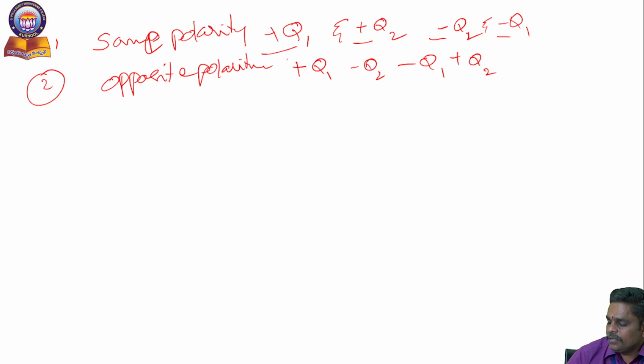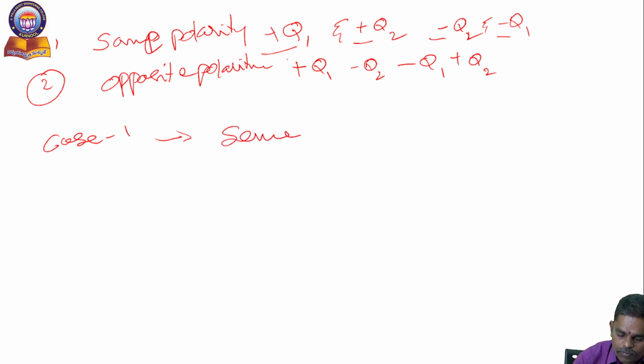Now take case 1, having same polarity. Then the product of Q1 and Q2 is greater than 0.